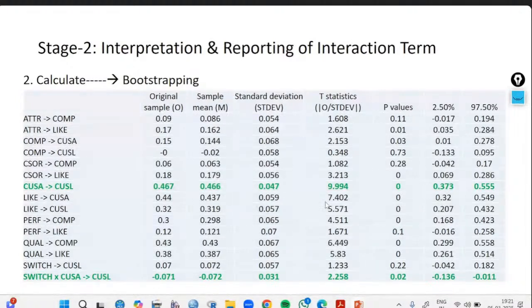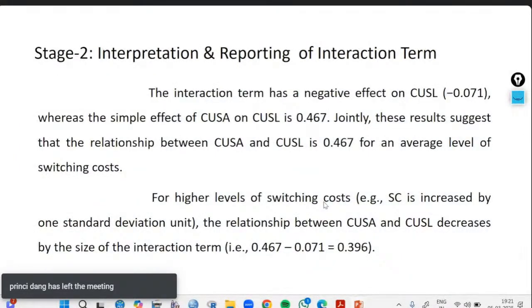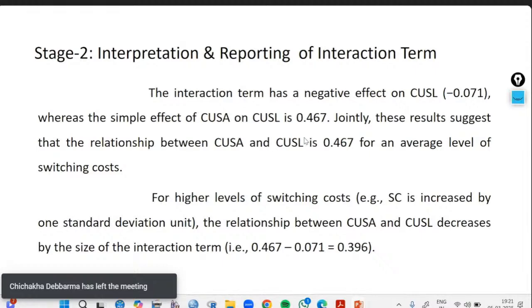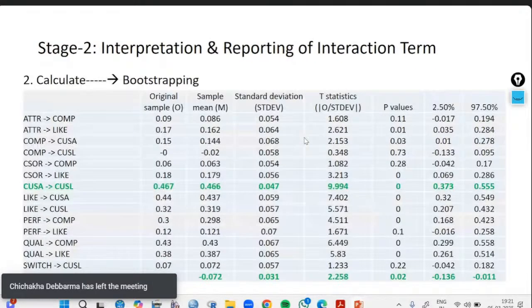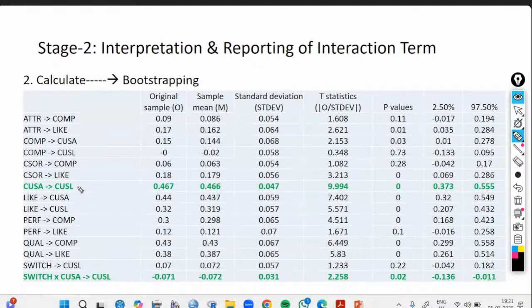So here the interaction term will decide whether the moderating variable is working or not. So here this moderating variable is working. The interaction term has a negative effect, whereas the simple effect of CUSA and CUSL is 0.467. When we do not include the moderating variable, the relationship between customer satisfaction and customer loyalty is very strong.